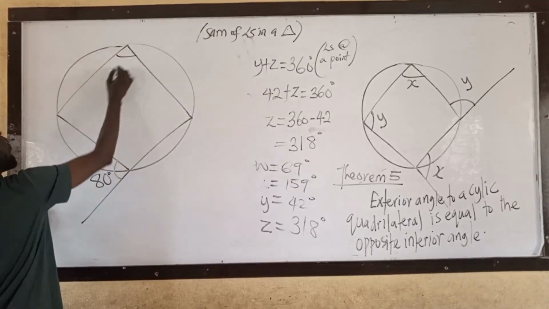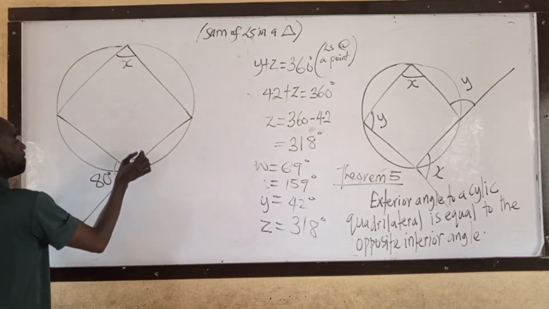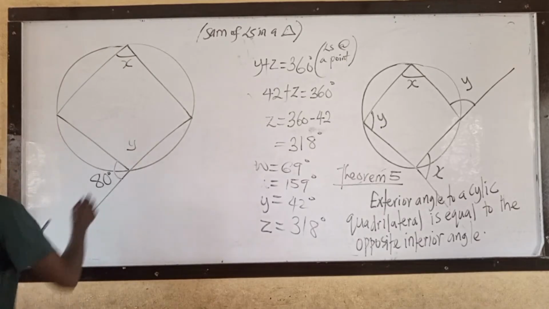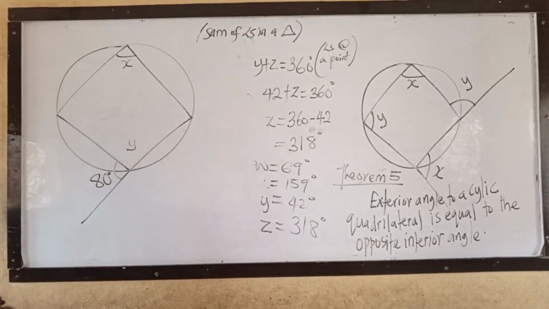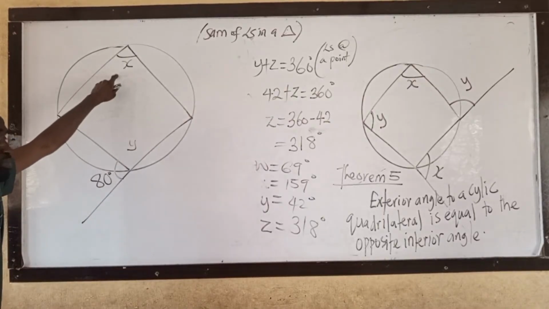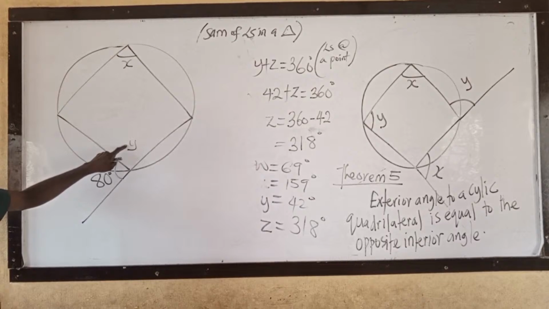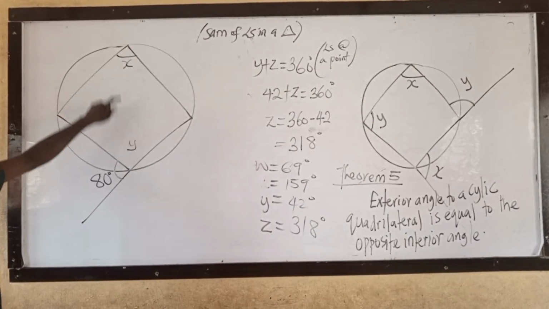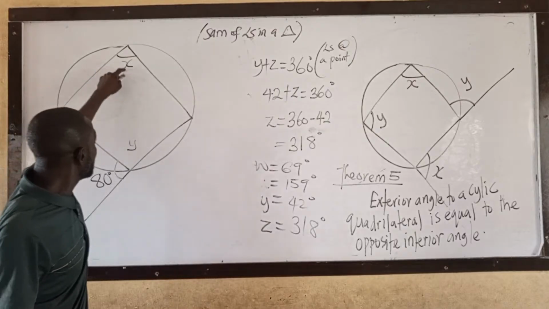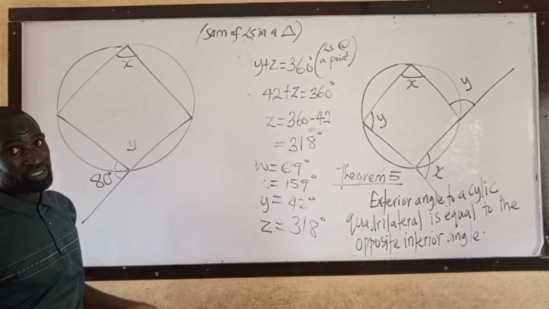Find x and y. Very easy, and I use that theorem to solve this. This one is 80. 80 plus y is 180, that is opposite angles of a cyclic quadrilateral. So this one is 180 minus 80, which is 100. As simple as that.